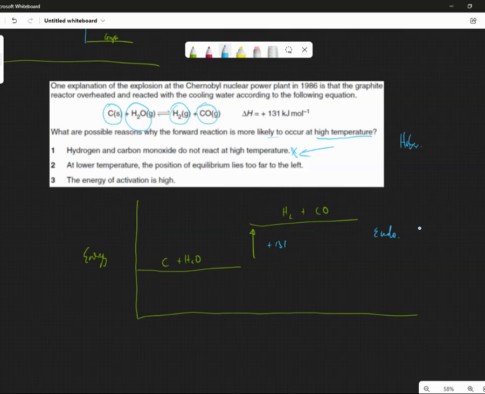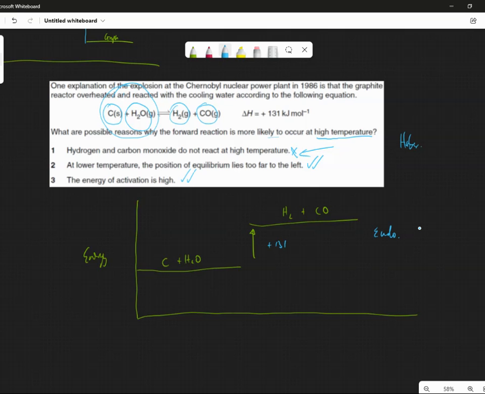At low temperature, the position of the equilibrium lies too far to the left. Well, at low temperatures, yeah, you know that from Le Chatelier, the equilibrium will lie on this side, won't it? So this is true, and the activation energy is high. Well, yes, it is going to be very high, because that's why you need a high temperature to initiate the reaction.